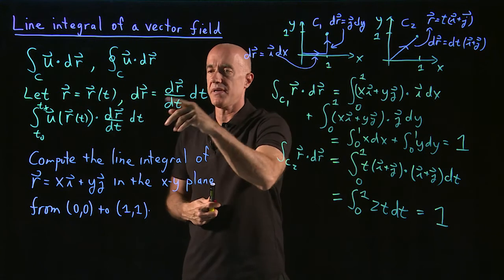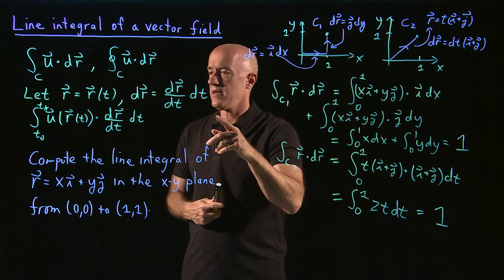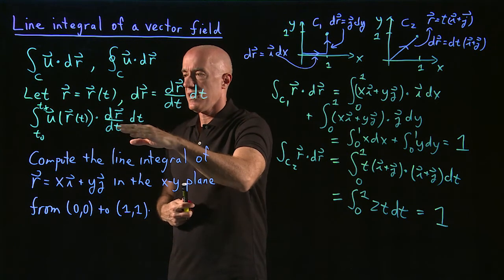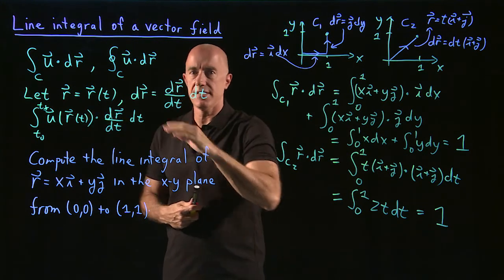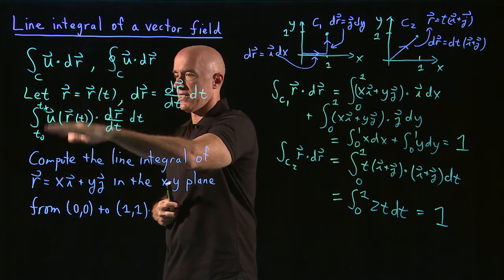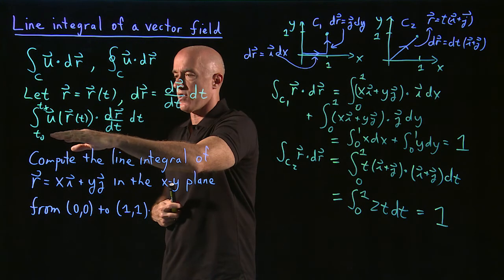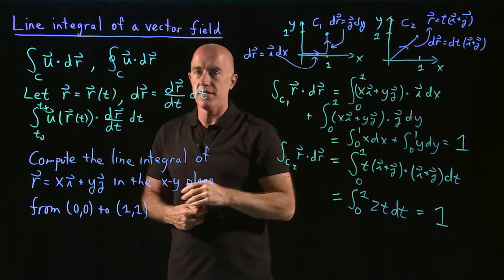Then this dr becomes dr/dt times dt, and then we're dotting u into dr/dt and integrating over dt. The limits of the integral correspond to the beginning point and the ending point of the curve in the parameterization.